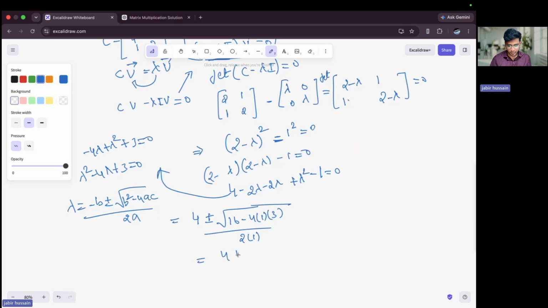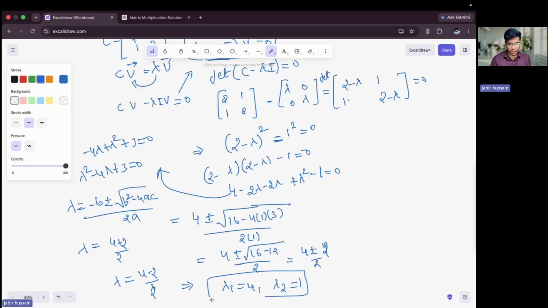So 4 plus or minus root 16 minus 12 divided by 2. 16 minus 12 would be 4, and the root of 4 is 2. So lambda is equal to 4 plus 2 divided by 2, and lambda is equal to 4 minus 2 divided by 2. So I'll get lambda 1 equal to 6 divided by 2, which is 3, and lambda 2 equal to 2 divided by 2, so it will give me 1.